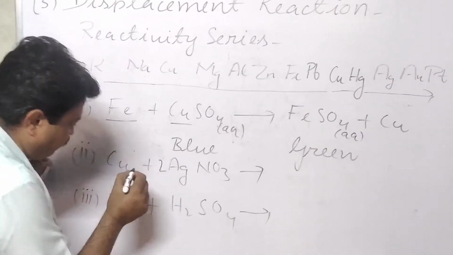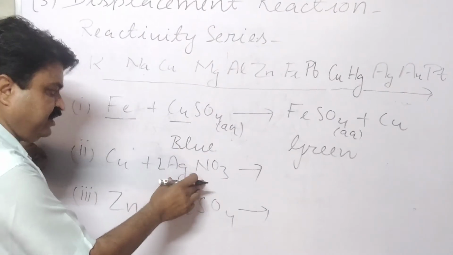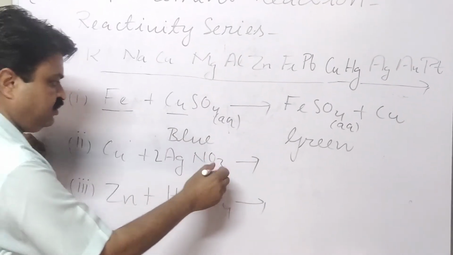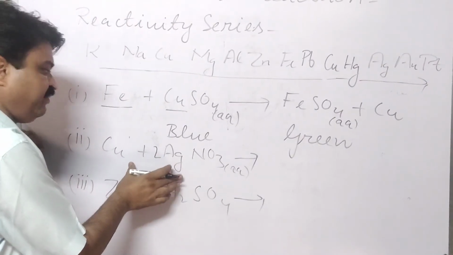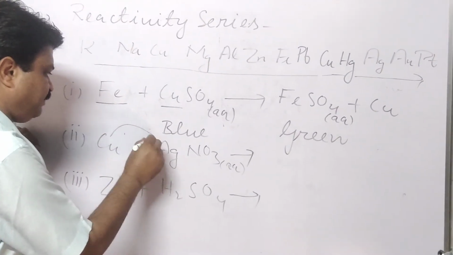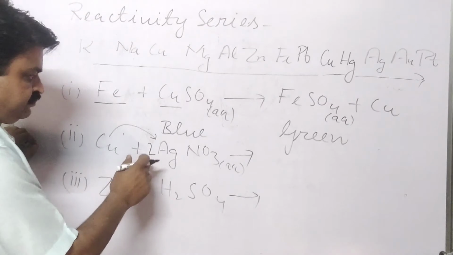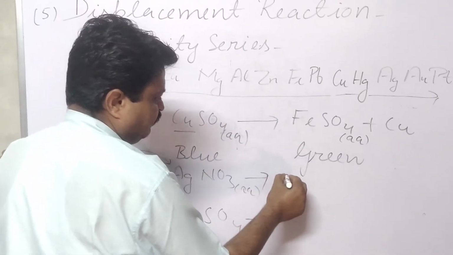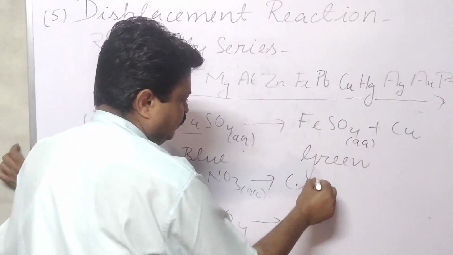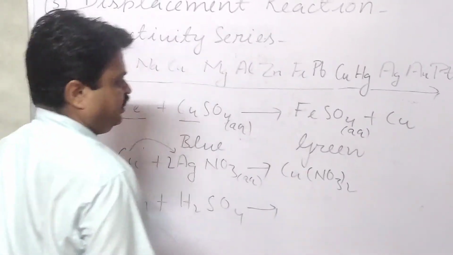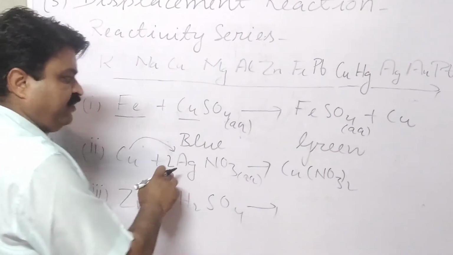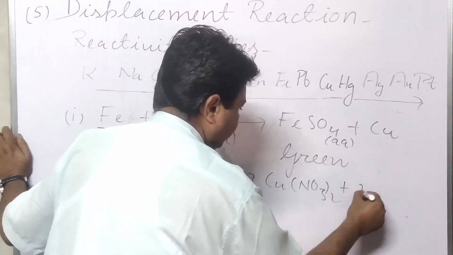In this, student, copper is reacting with silver nitrate solution. When they react with each other, the copper will displace the silver, and we will get copper nitrate. Silver will be displaced.